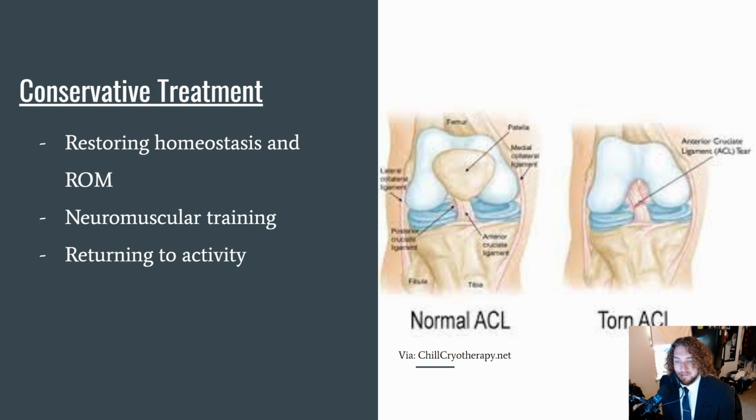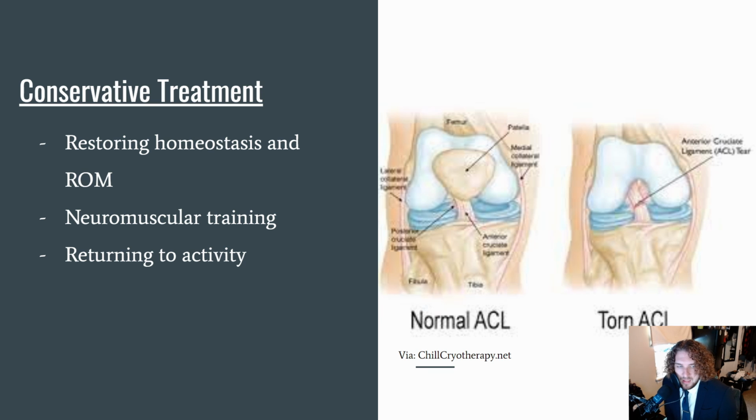To advance with neuromuscular training, you must have full range of motion throughout the knee and full resolution of swelling. What this means is there's absolutely no swelling in the knee, because all swelling serves to do, while it is a sign of healing, is limit your range of motion.